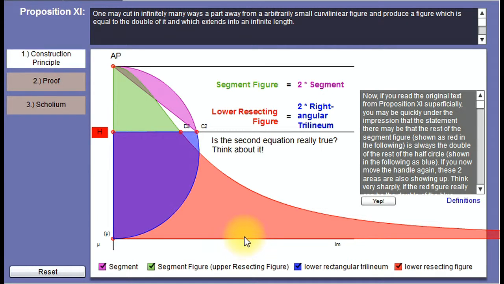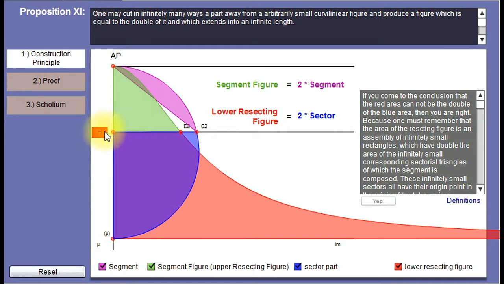Since we know that the segment figure is double the segment, what is left when you take the segment away from the entire semicircle must constitute half of the area bound by the ordinate we've drawn, the axis, the tangent of the micron point, and the lower part of the resecting curve, namely this red area here.